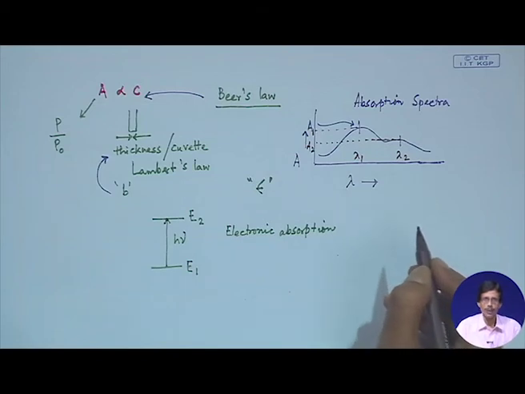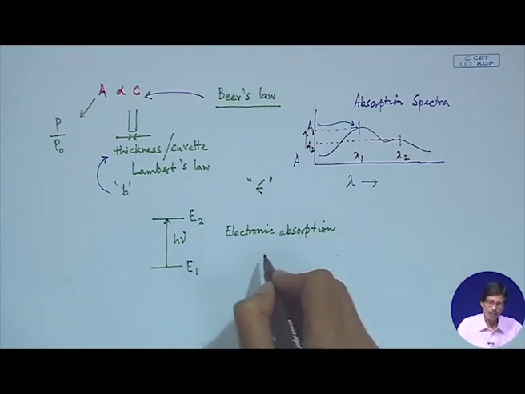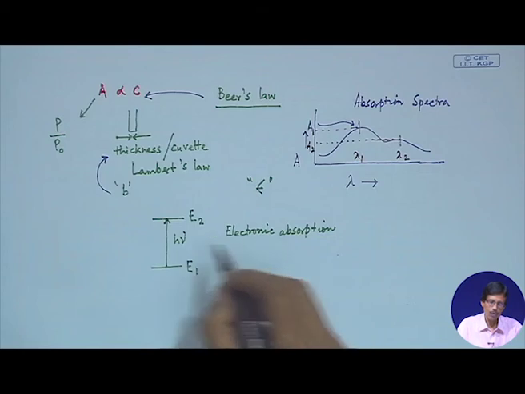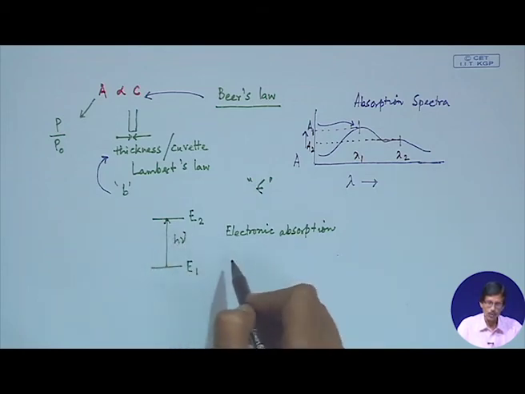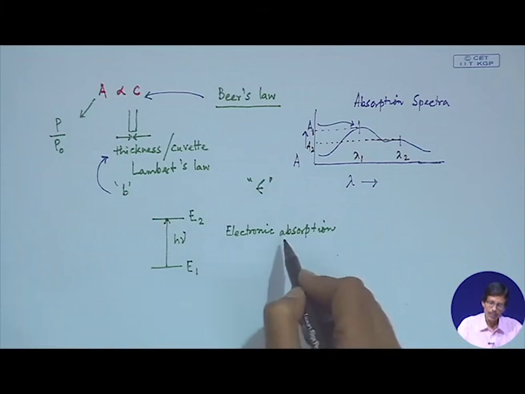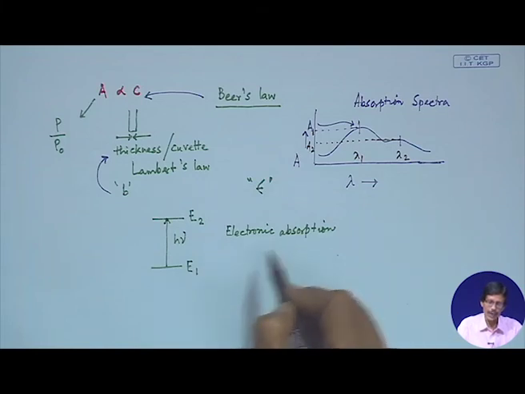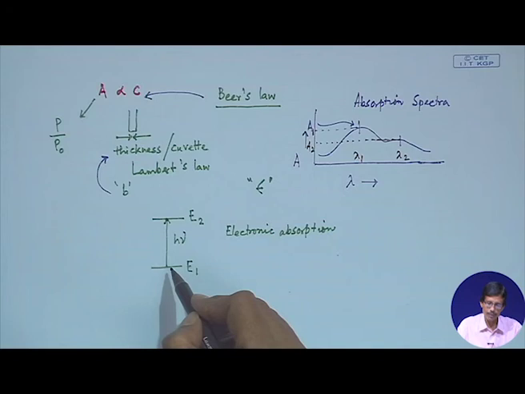So, this electronic absorption is the typical transition we get for the aqueous solution, but the underlying electronic state can have some other levels, which are the vibronic levels or the vibrational states.